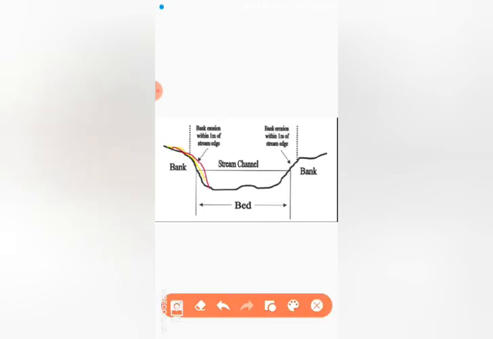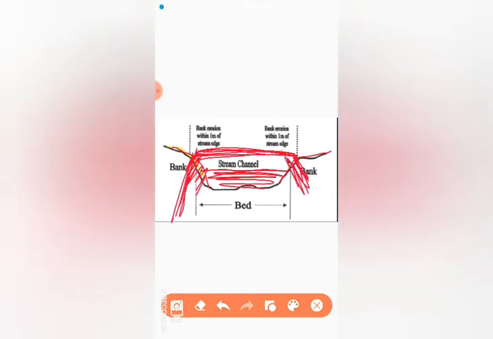This is the bank. Water is coming. This is the normal level. When the flood comes, the level rises. Even this part also gets eroded. So this bed is getting wider. This type of erosion is known as stream bank erosion.